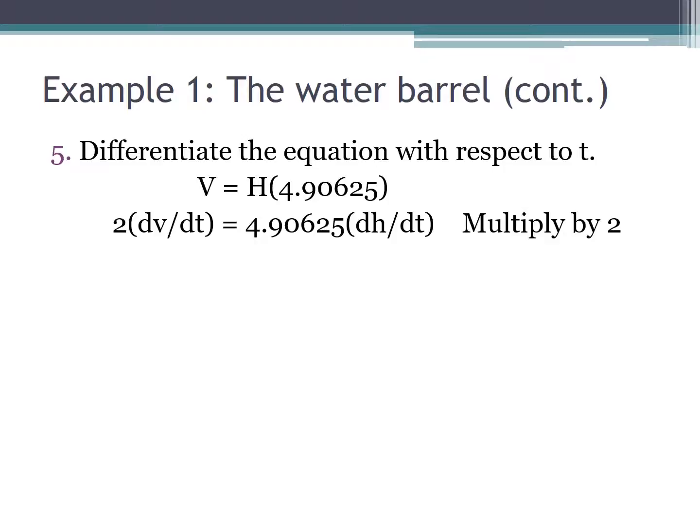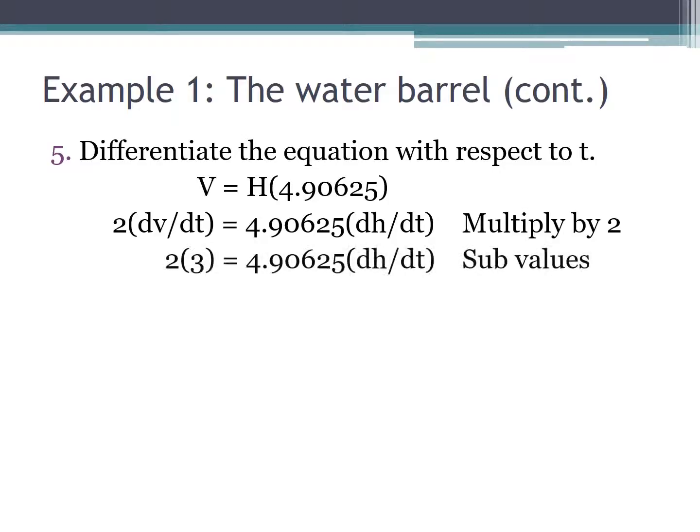Since we're looking to find the change in water level at the height halfway up the barrel, or 2 feet, we are looking at 2 times the change in volume over time times the differentiation of our equation.